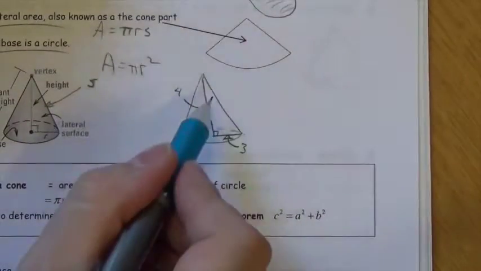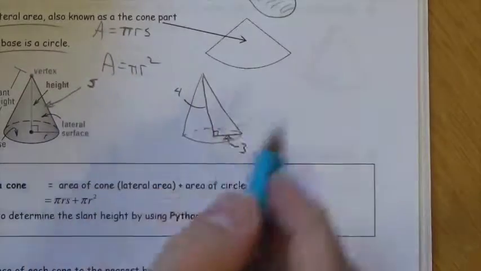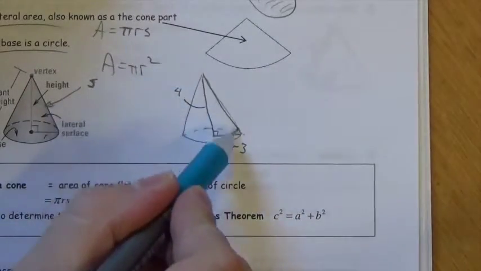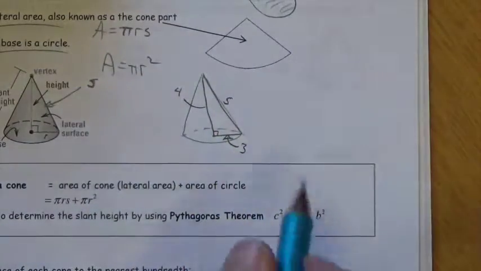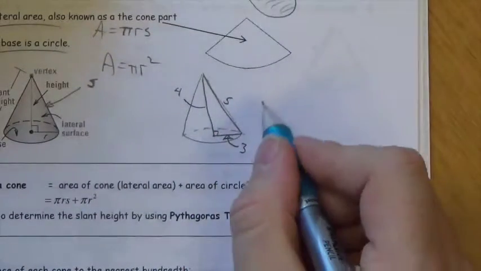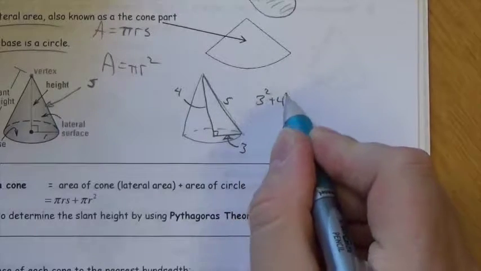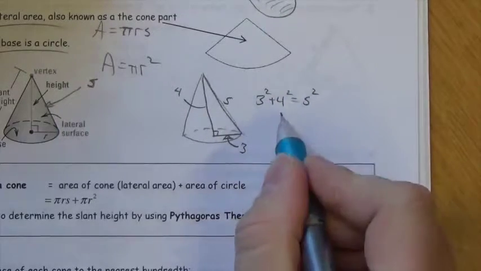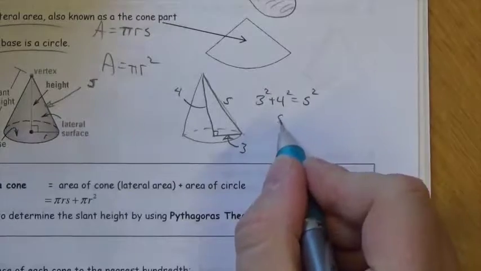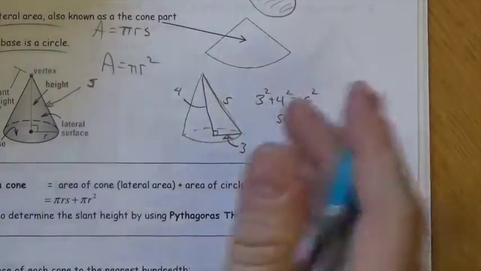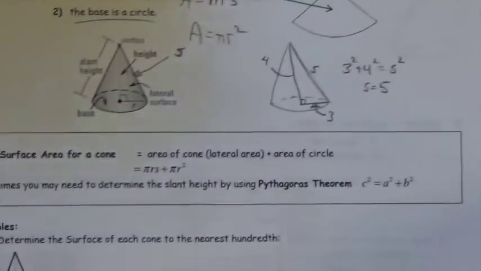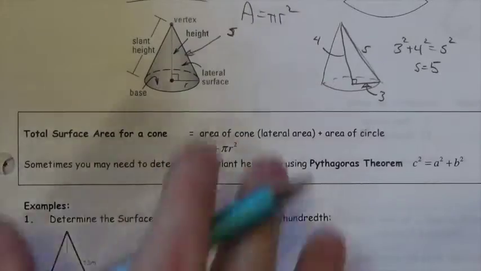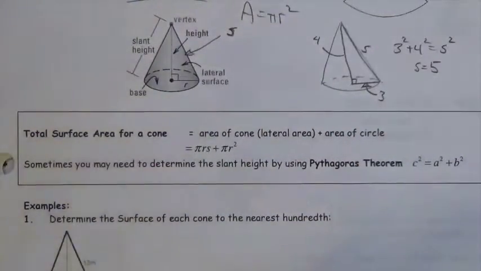But in order to figure out the surface area, it's not the height of the cone that I need, it's this distance along the side of the cone. This is our s. So how do you figure that out? Well, you would use the Pythagorean theorem. 3 squared plus 4 squared is equal to s squared, and it shouldn't take you too long to figure out s is equal to 5. Then I have enough information to figure out the surface area of that cone. So just bear in mind that sometimes you're going to have to use the Pythagorean theorem to figure out a piece of the information that you might not have.